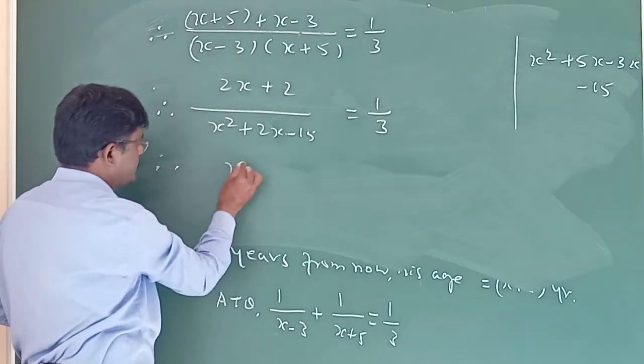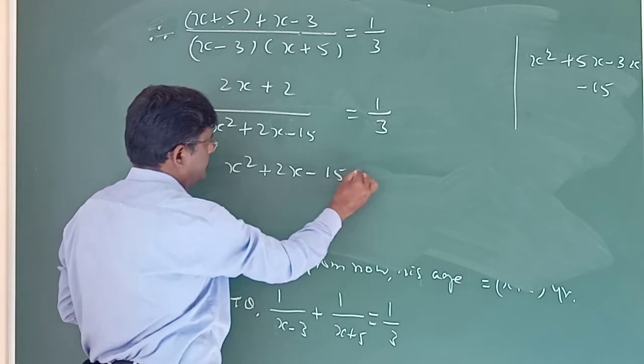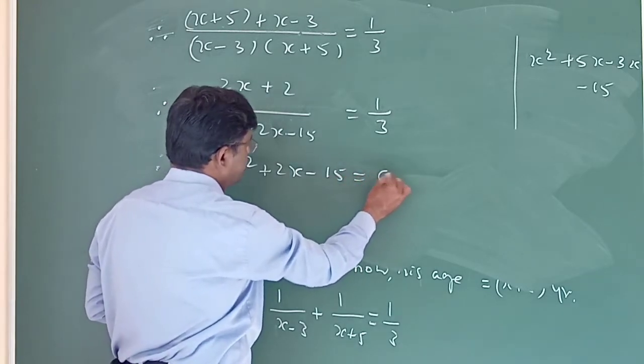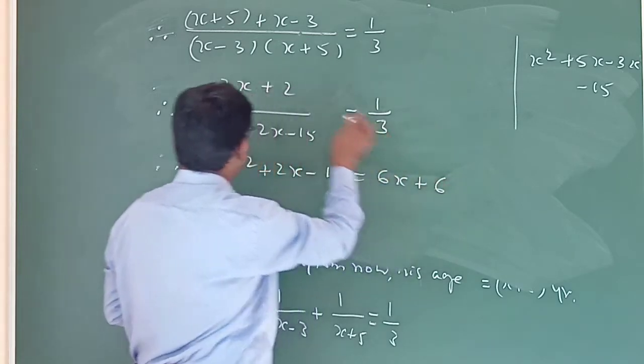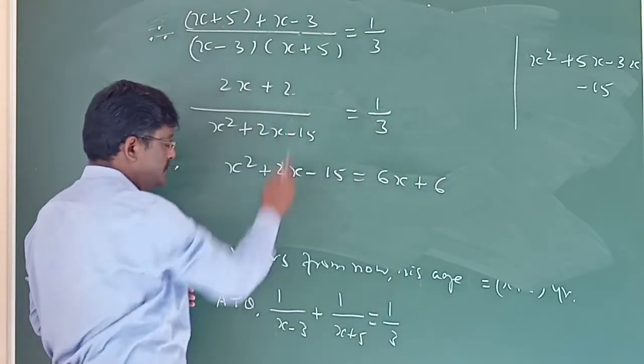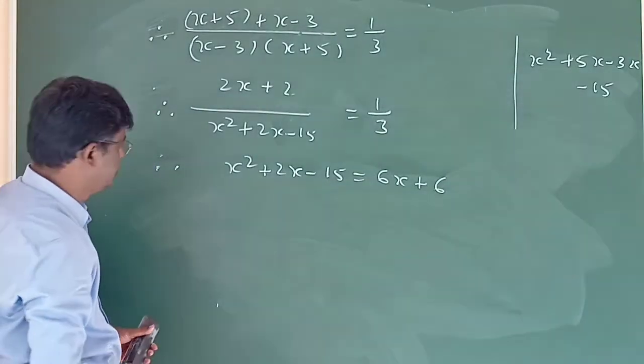1 into x square, 1 into 2x, 1 into 15; 3 into 2, 3 into 2, 3 twos are 6x, 3 twos are 6. Okay, is that clear?